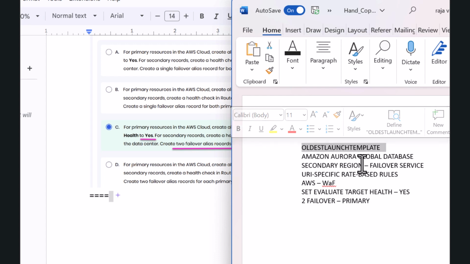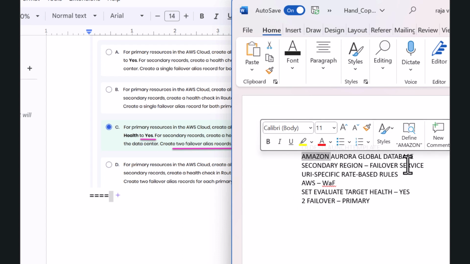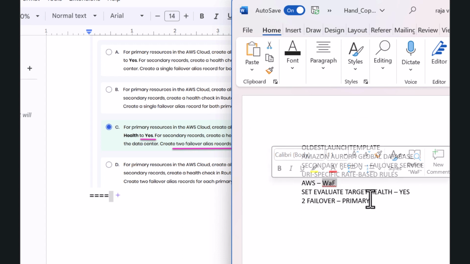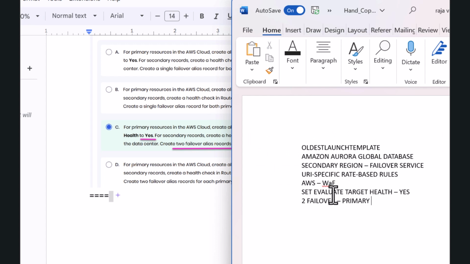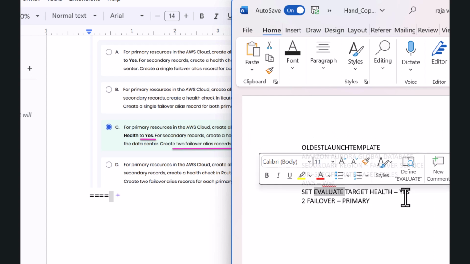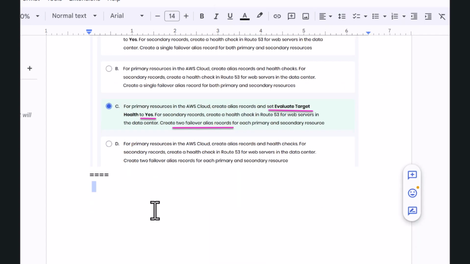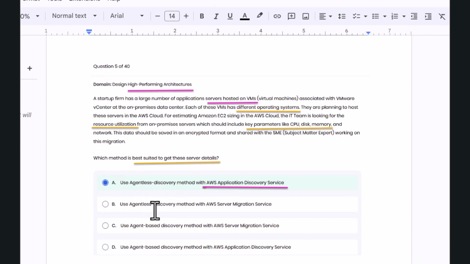To recollect, first one was oldest launch template. Second one was Amazon Aurora Global Database. Third one was AWS WAF URI specific rate based rule. Fourth one is two things: set evaluate target health to yes, and two failover, one for primary and one for secondary. The last question, let's see.